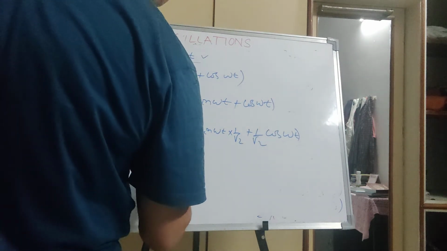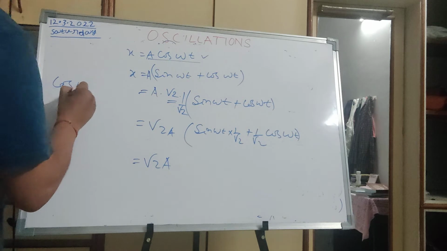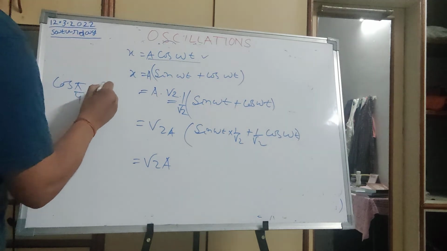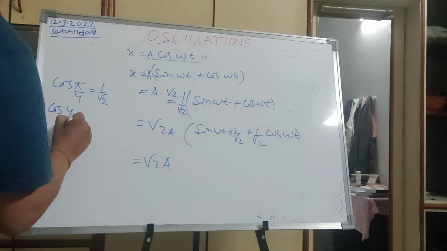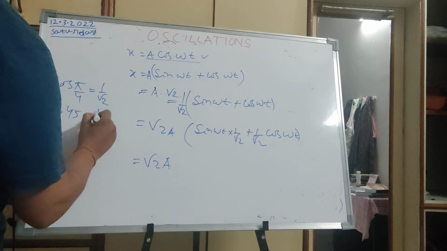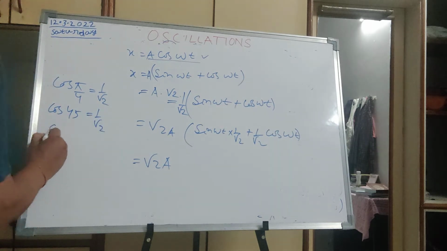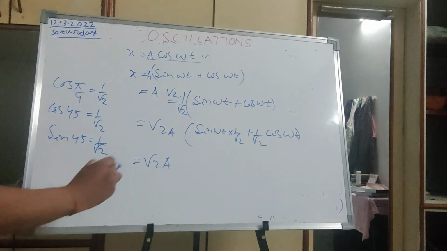So this becomes root 2 a. Then, in trigonometry, cos pi by 4 is equal to 1 by root 2. You know cos 45 degree; pi by 4 is nothing but 45 degree, right? Similarly, sin 45 is also equal to 1 by root 2.